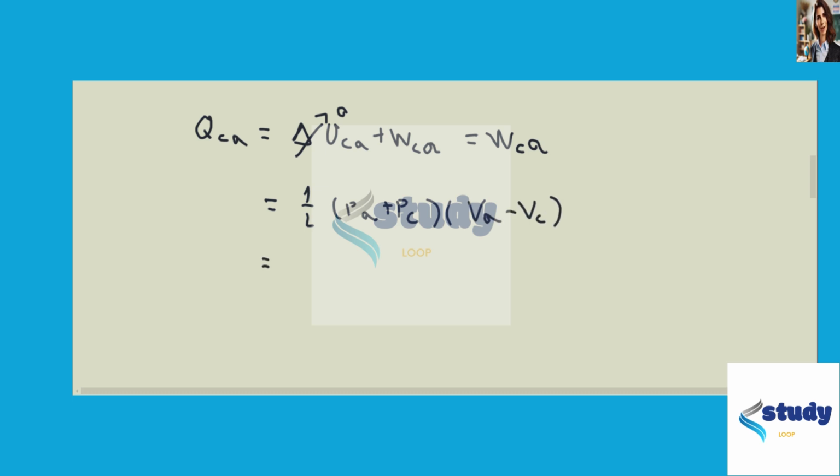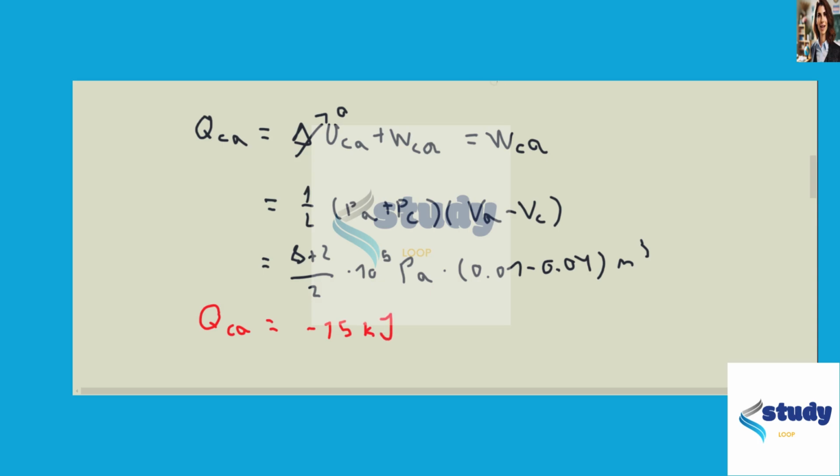We can substitute the known values: (8 plus 2) over 2, times 10 to the 5th pascals, times (0.01 minus 0.04) meters cubed, and this finally equals negative 15 kilojoules.